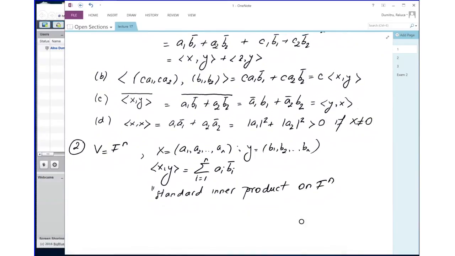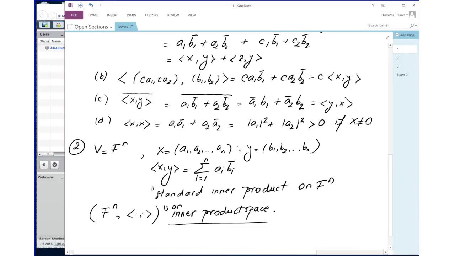Okay, and Fn, which was a vector space, if we add to it this inner product defined here, we call it an inner product space. If you have a vector space and you define on it an inner product, you're going to get what is called an inner product space. But it's important to specify the inner product, because on the same vector space, you can define more than one inner product.